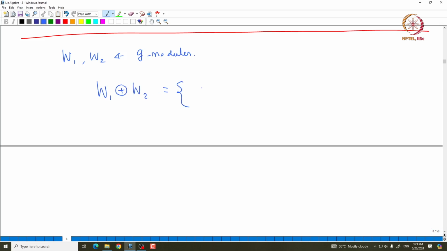By definition this is just a pair (u, v), where u comes from W1 and v comes from W2.